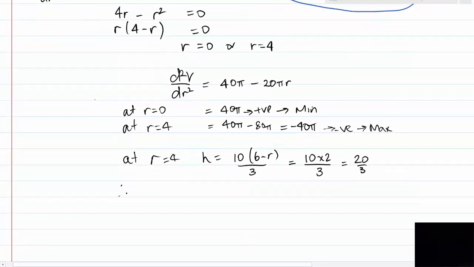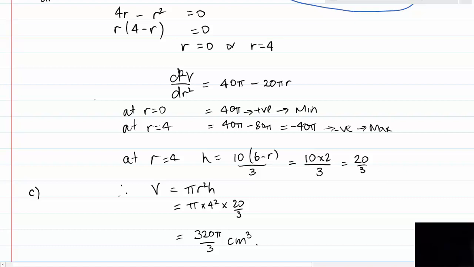And therefore the volume, so this is part C now, is equal to pi r squared h, which is pi times 4 squared times 20 over 3, and that of course is 16 times 20, so 320 pi over 3 centimeters cubed. And we've done all our checking again. Go back, put it into context, whatever you need to do from here, but the question is finished.